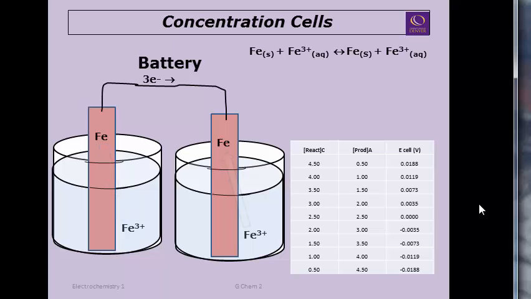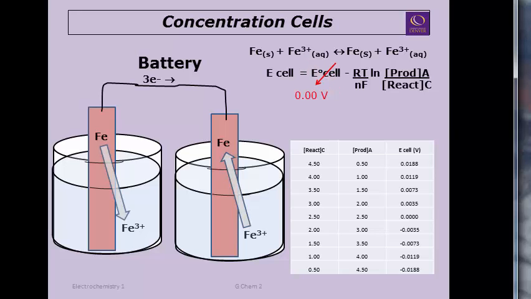And if you set up the equation, you would see that on one side I have the iron going to iron 3+. So if I was trying to do the Nernst equation on this, and I set it up and solve, the E cell here goes to 0. There is no difference in metals because they're the same metal, so that disappears, and all you work with in this kind of equation is the negative RT over nF log of products over reactants.